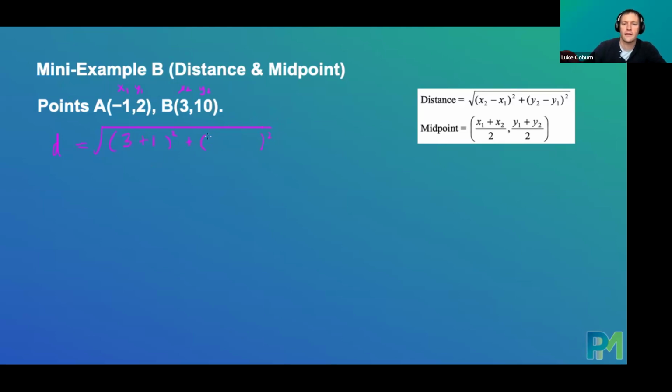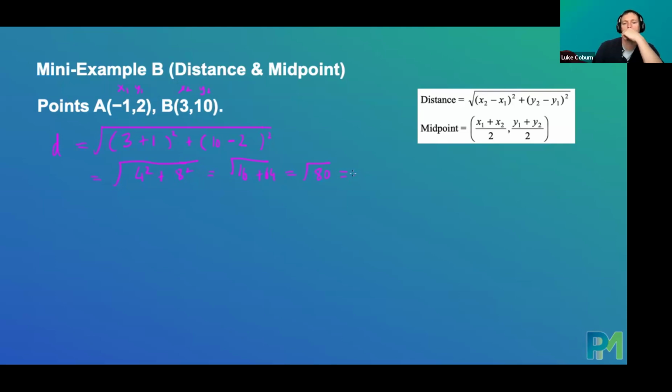And then y2 minus y1, 10 minus 2. So that's going to be the square root of 4 squared plus 8 squared. And that's going to be the square root of 16 plus 64, which is the square root of 80, right?